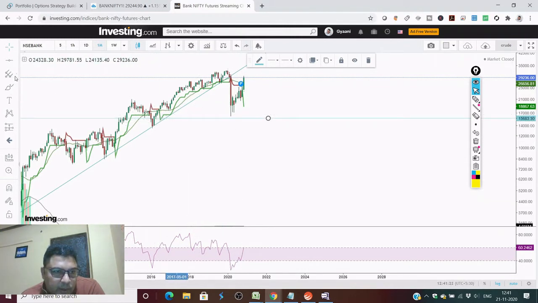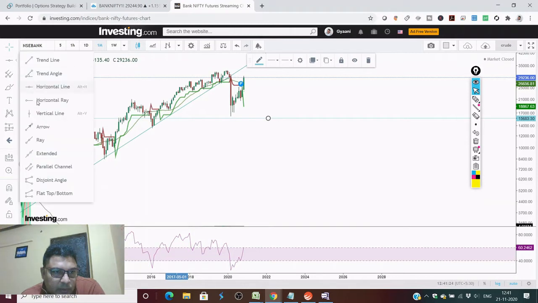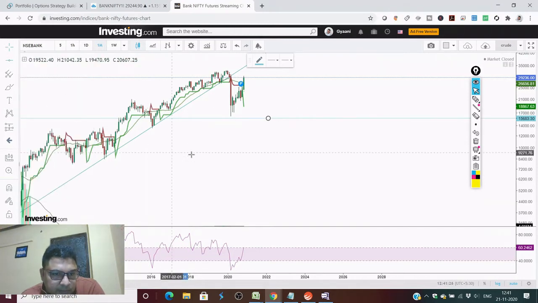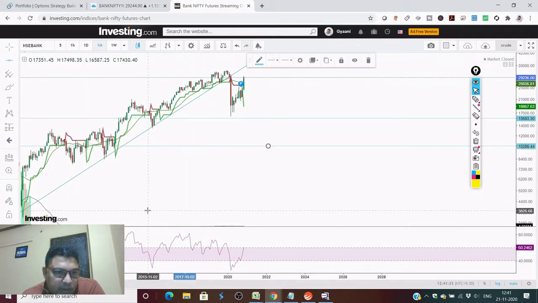If you want to plot, just for an example, where the next level is, you can see this is another level, and this is another level. This is about 10,266. This was the level 15,683. So this is how you look at the levels on a monthly basis, to see till which level it can come and stop.